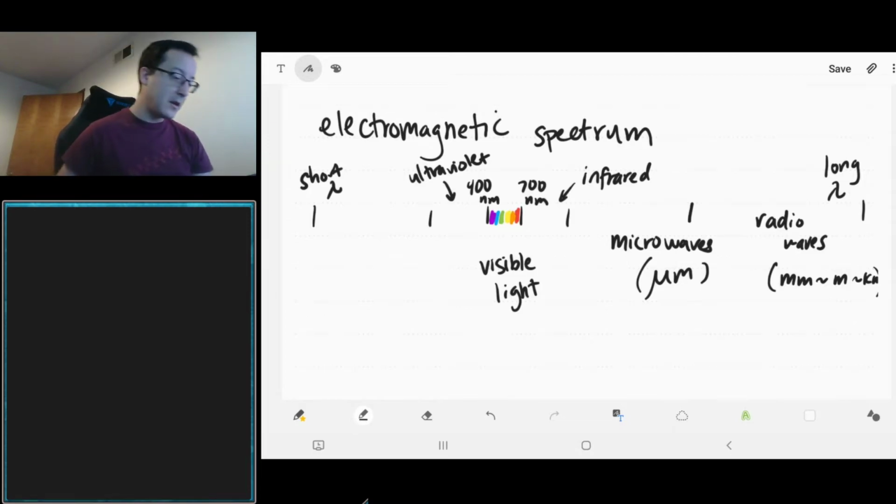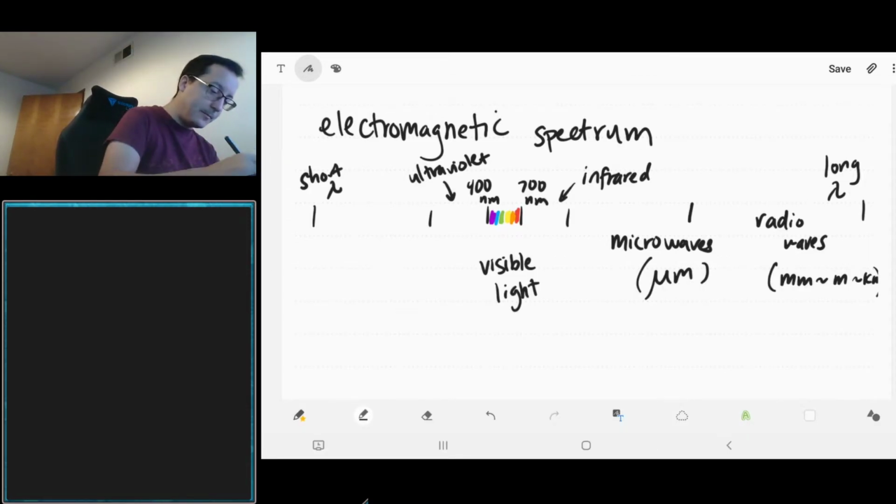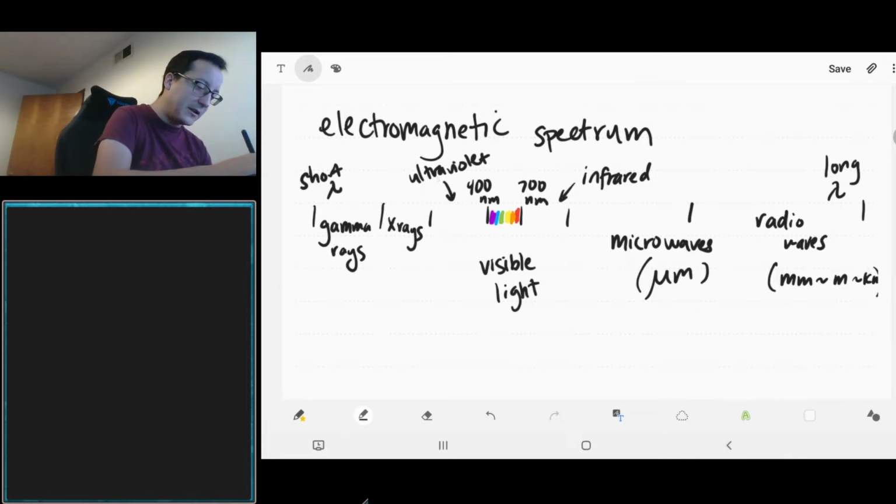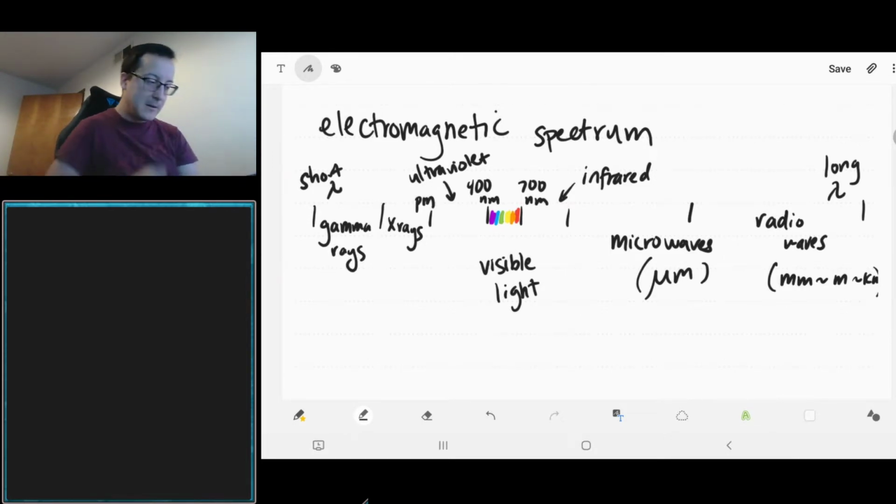Going the other way, past our ultraviolet region, we're going to have X-rays and gamma rays. At this point, we're going down into the picometer range as we go into X-rays and gamma rays. So we have these really short wavelengths. And you've probably learned in real life that ultraviolet light is not great for us, right?